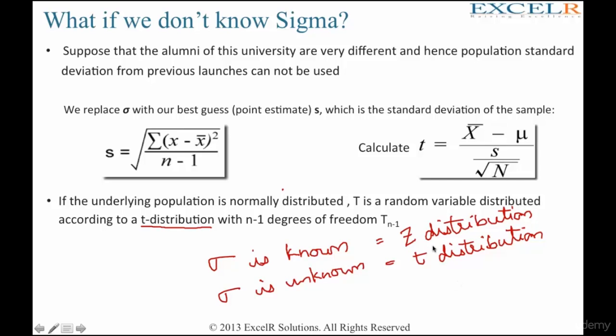And in the Z distribution, there is another condition saying that your sample size should be greater than 30. And for the t-distribution, whether the sample size is greater than or less than 30, in either scenario, you can proceed with this t-distribution. All right.